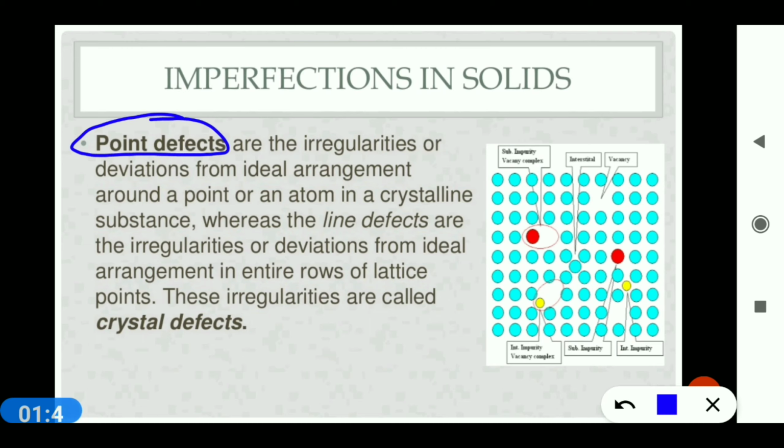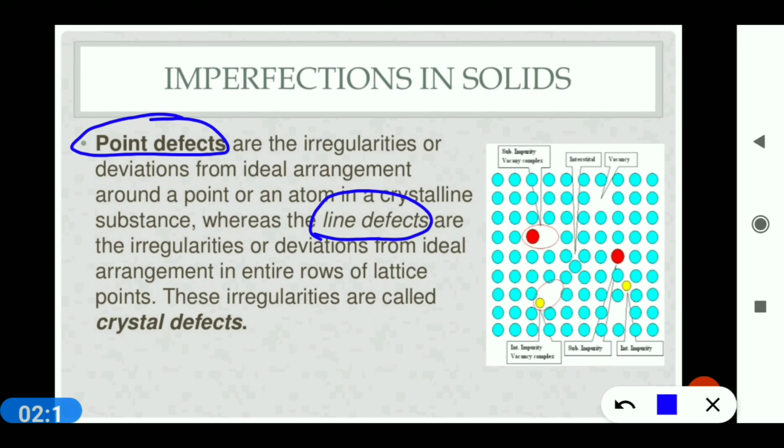Point defects are the irregularities or the deviation from ideal arrangement around a point or an atom in a crystalline substance, while the line defects are the irregularity or the deviation from ideal arrangement in the entire row of the lattice points. These irregularities are called crystal defects or imperfection.